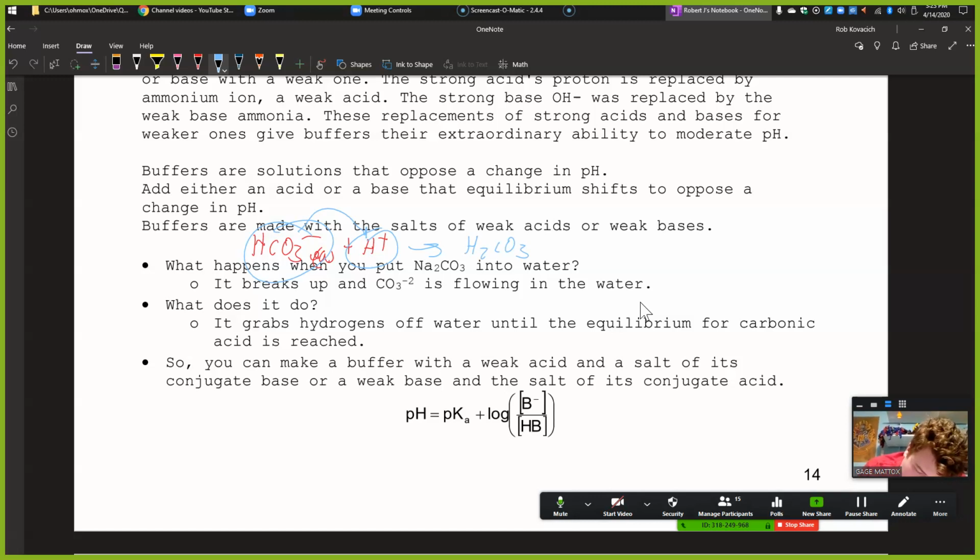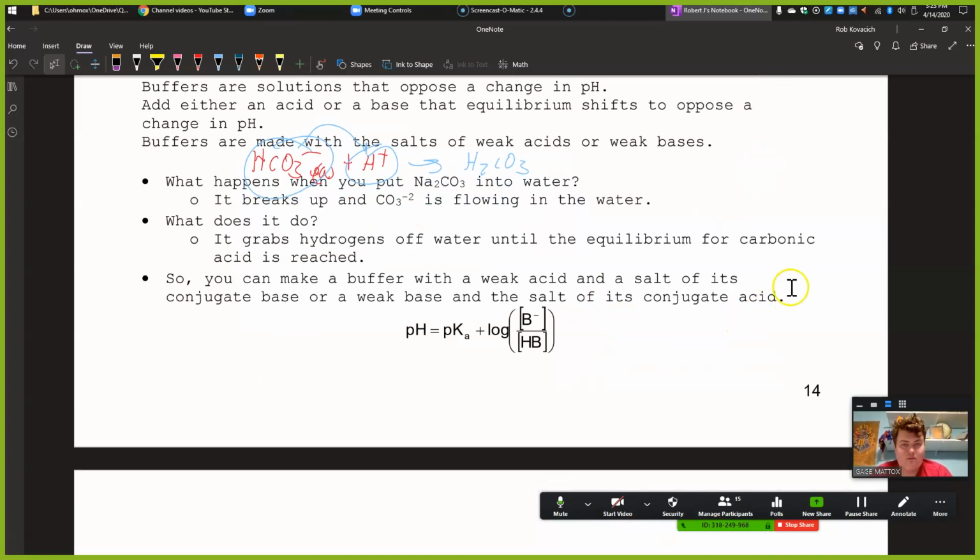So what happened to the concentration of H plus in the water? It went down. Okay, it went up for a moment and then went back down to where it was before, right? So it effectively countered that. So it effectively buffered this H plus addition. So you can talk about that anion being able to soak up excess H's.